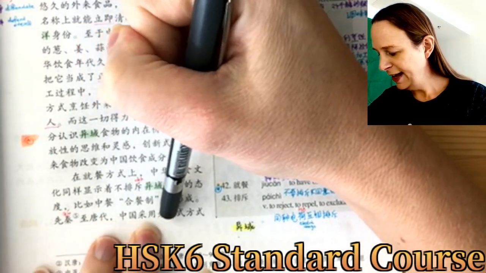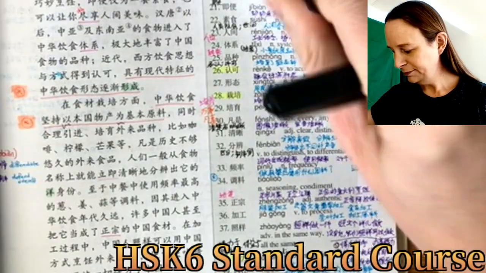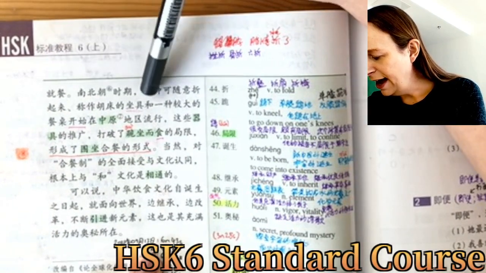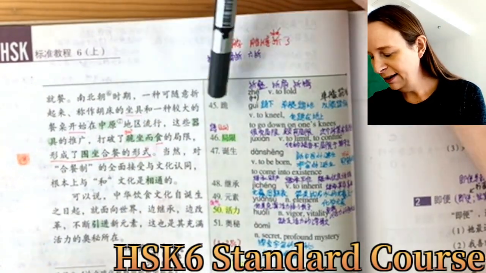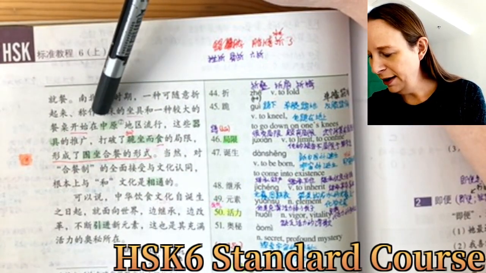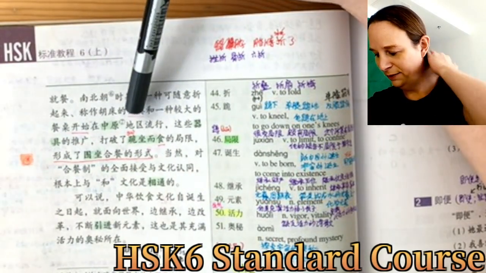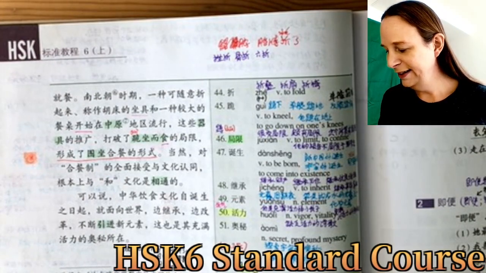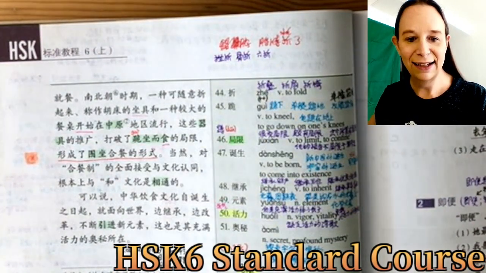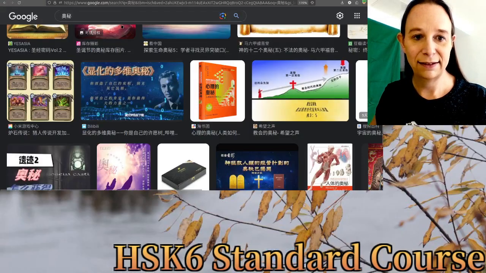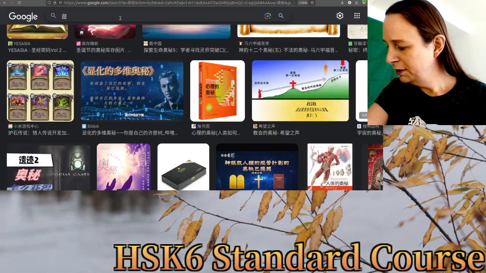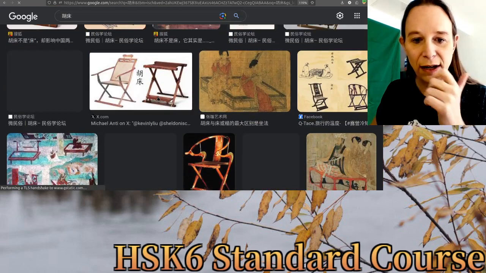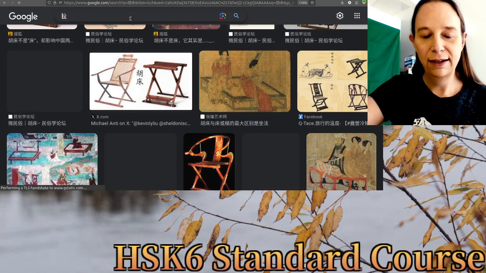中国采用分餐式方式就餐。南北朝时期一种可随意折起来称作胡床的坐具，坐具 like sitting apparatus。胡床 is this 麻将? 麻将 Oh, it's not exactly the same, is it?